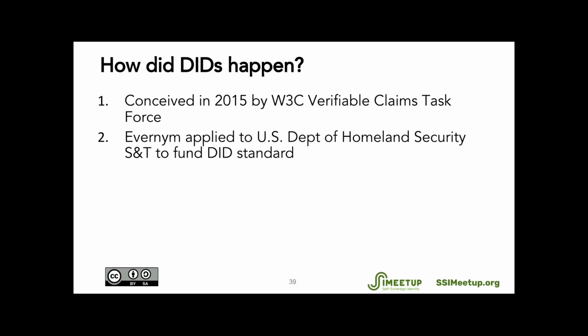Subsequently, in early 2016, Evernym, the company I work for, applied to the U.S. Department of Homeland Security, which was funding work in decentralized identity. And we proposed that they fund a project to turn this concept of DIDs into an open standard.